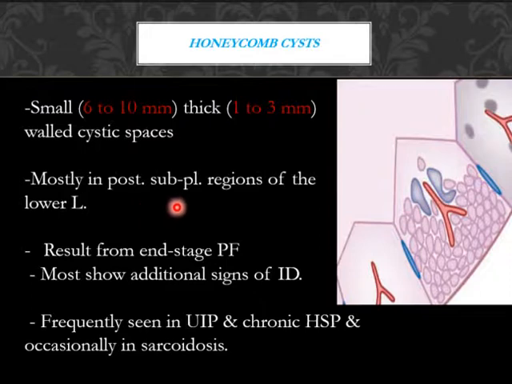Mostly in the subpleural region of the lower lobe peripherally. They result from end-stage pulmonary fibrosis, and at the same time there are additional signs of interstitial disease. They are frequently seen in usual interstitial pneumonitis and chronic hypersensitivity pneumonitis.